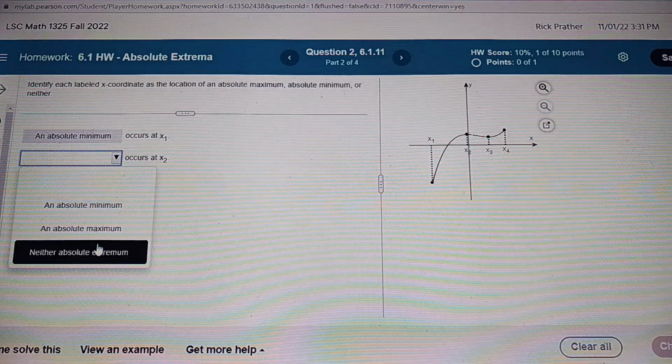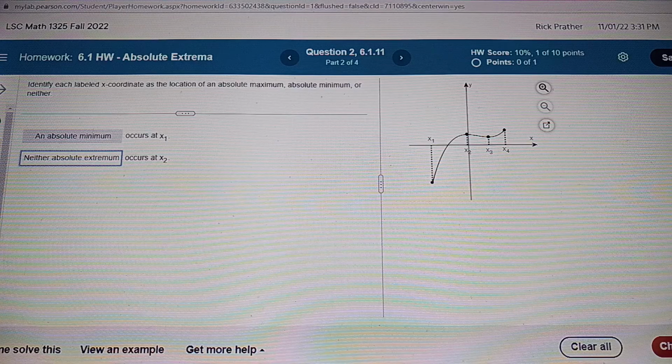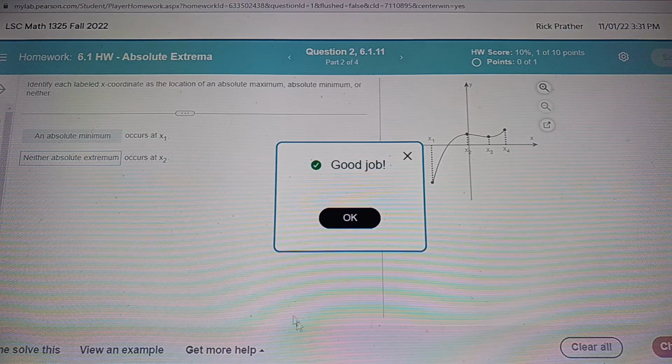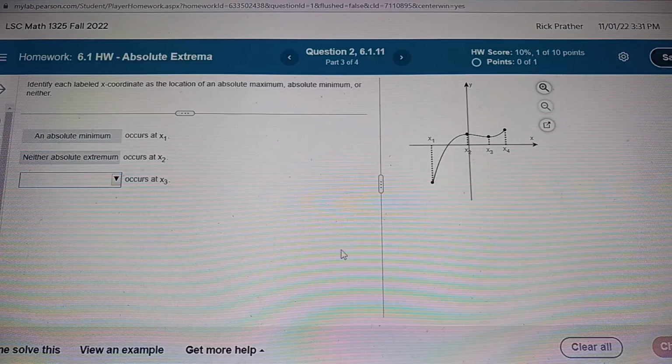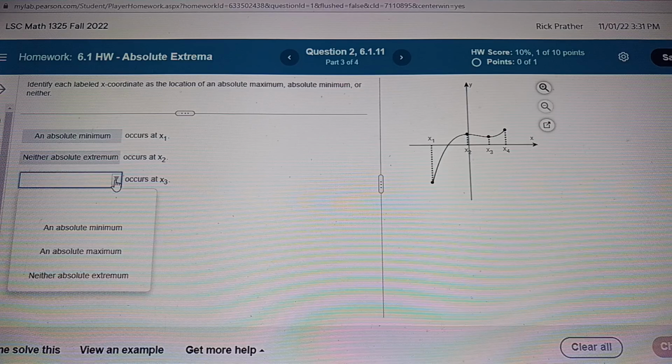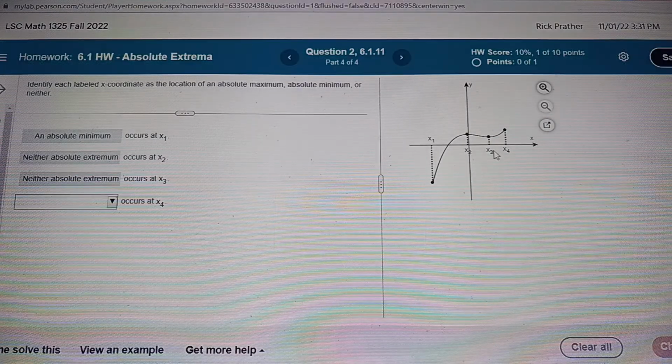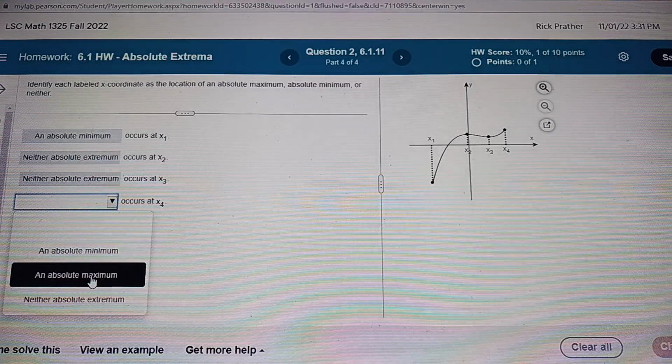So x2 is neither. It's nothing special if you care about absolute ones. It is special if you care about relative max and mins, but it's not special if you care about absolute max or mins. Same thing with x3. There are spots that are higher and lower than x3, so that's nothing special. And finally, x4 is my one and only absolute maximum.